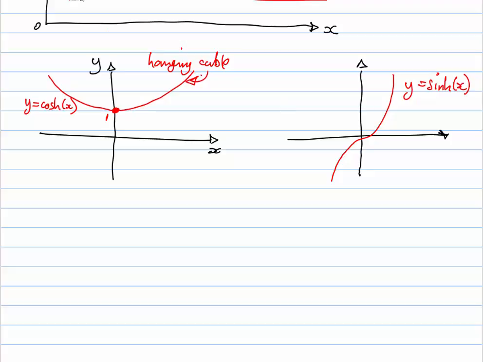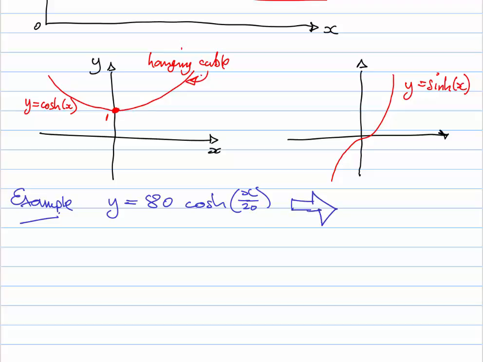Okay, let's have a look at a quick example. How about y equals 80 cosh x over 20. What's that going to look like? Well, it's a cosh function, of course, so you would expect it to be something like this.